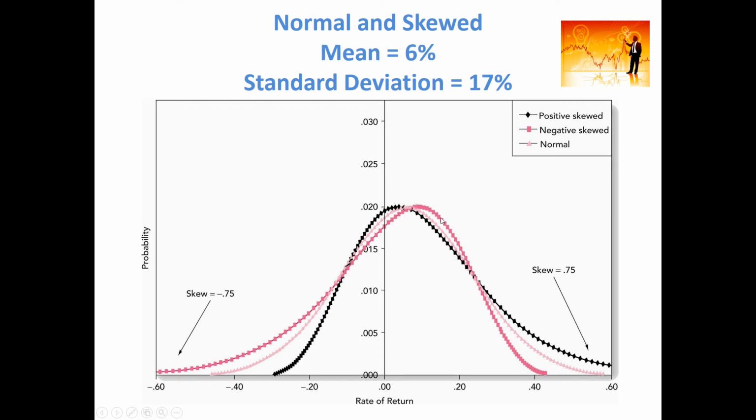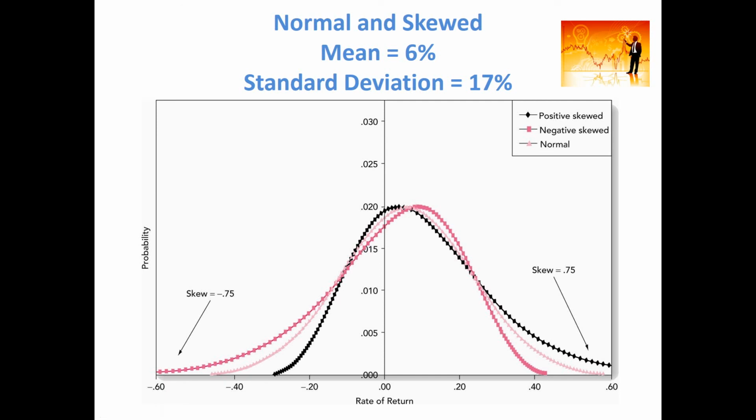On the other hand, the dark pink curve has larger negative returns, so it is skewed negatively, so there is a chance of larger negative returns without a corresponding chance of positive returns.